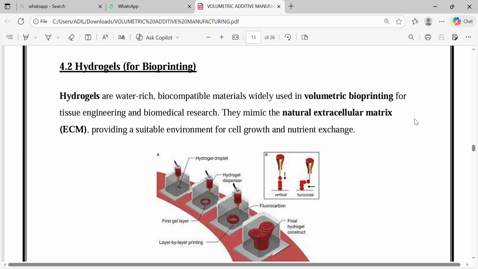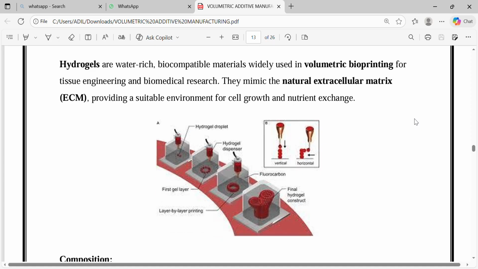Hydrogels. Hydrogels are water-rich biocompatible materials widely used in volumetric bioprinting for tissue engineering and biomedical research. They mimic the natural extracellular matrix, providing a suitable environment for growth and nutrient exchange. Here is an image which depicts the process of 3D printing or bioprinting using hydrogels.